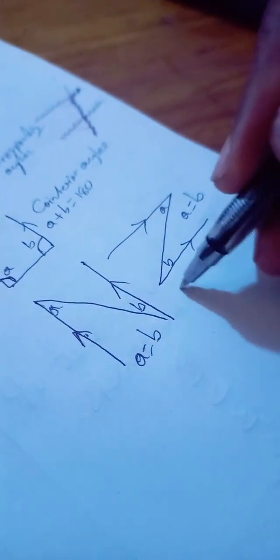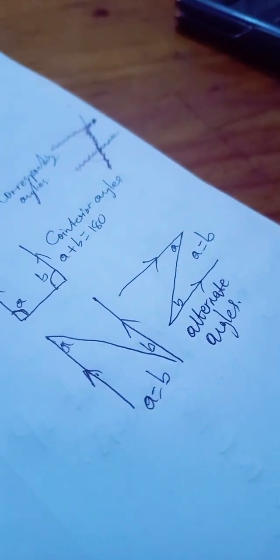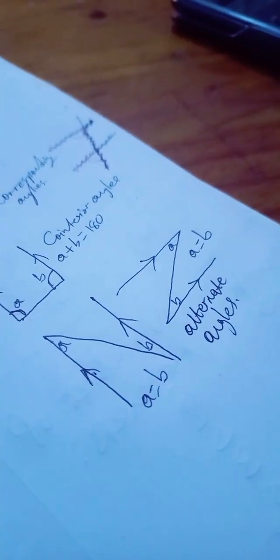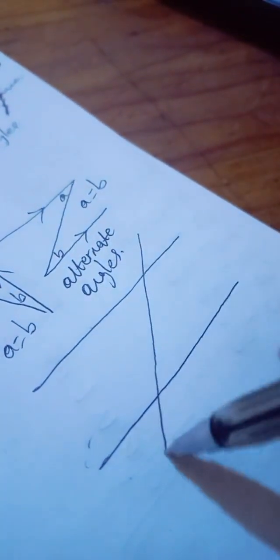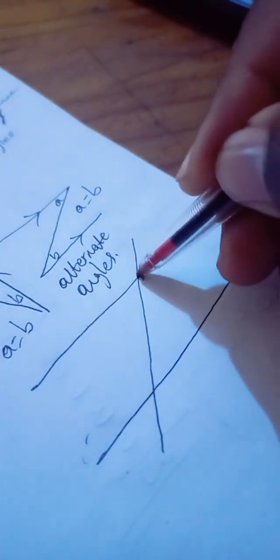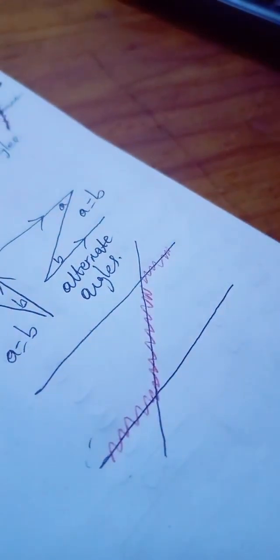These we call alternate angles. These are alternate angles. So alternate angles sometimes, let me draw. Right. It can be like this. You see?